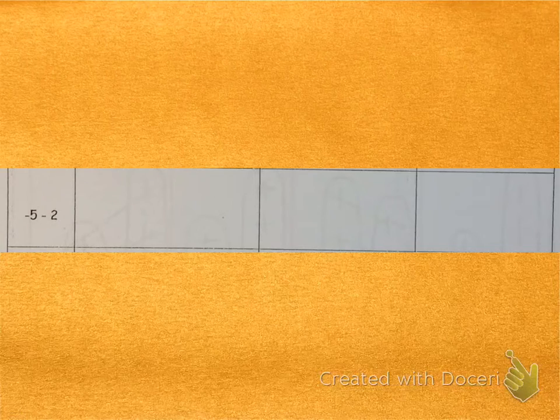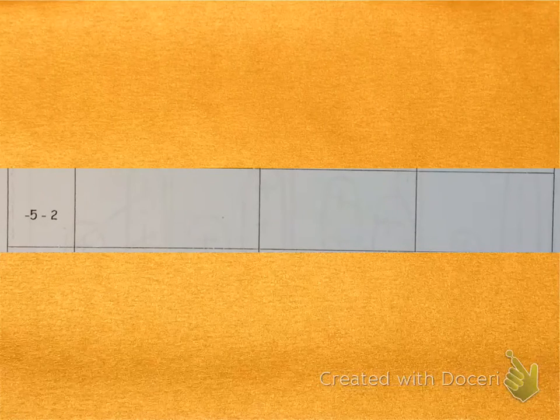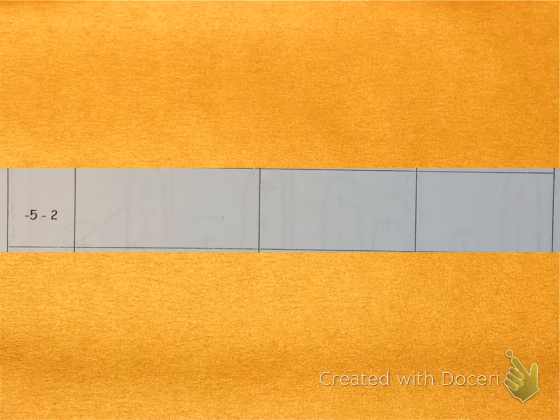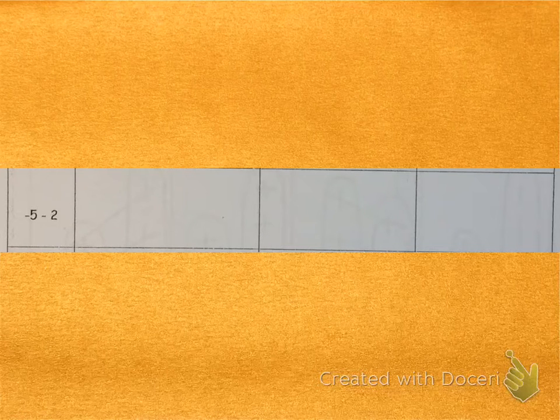This next one, do you see how we have 2 negatives with each other? We're going to change those numbers to the and. So we have a negative 5 and a negative 2. Notice how our positive sign is taking the place of and, and is saying negative.